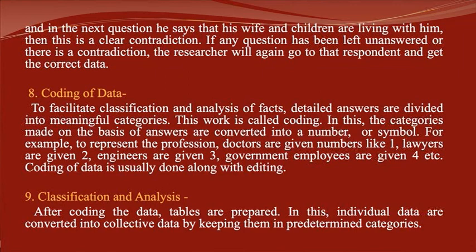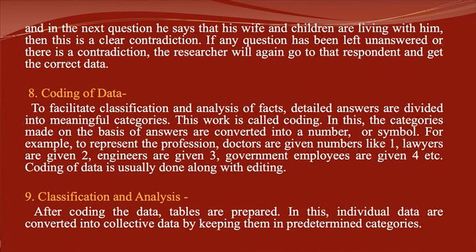For example, to represent the profession or occupation, doctors are given number 1. If we collect information about occupation and we have 4 or 5 categories, first is doctor, second is lawyer, third is engineer, then government employee, so we will give a definite number: doctor 1, engineer 2, lawyer 3, and government employee 4, etc.